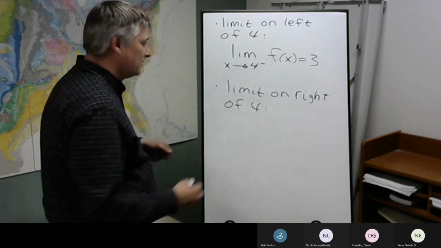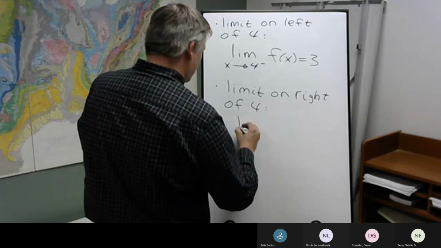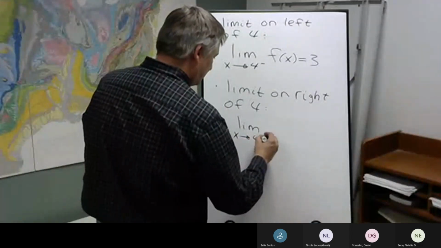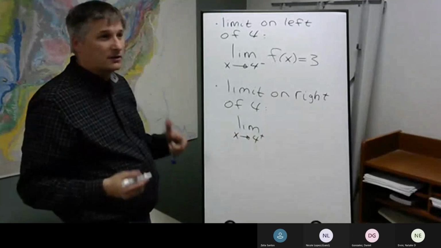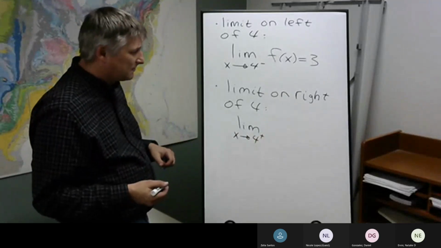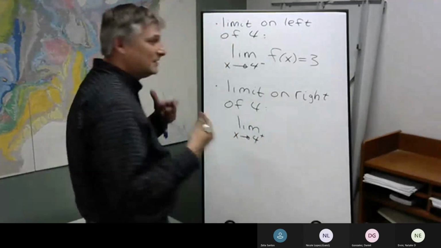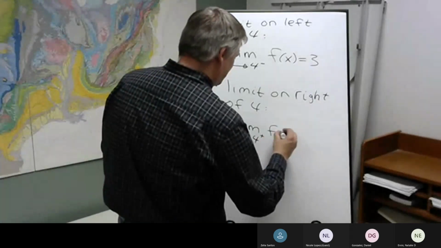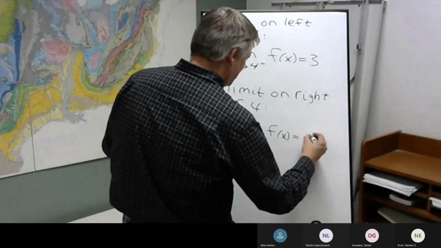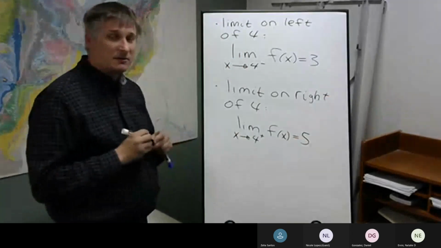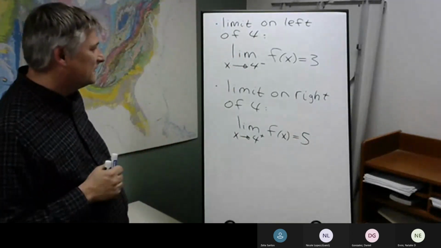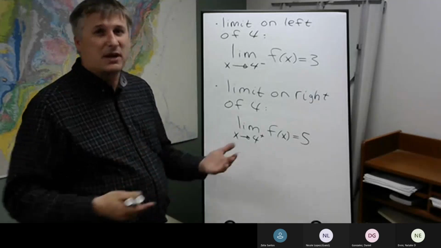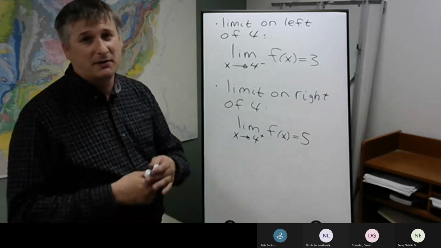So what we say is that x approaches 4 from the positive side, f of x is equal to 5. So what we're doing is we're letting minus be the left side of the number and plus be the right side of the number.